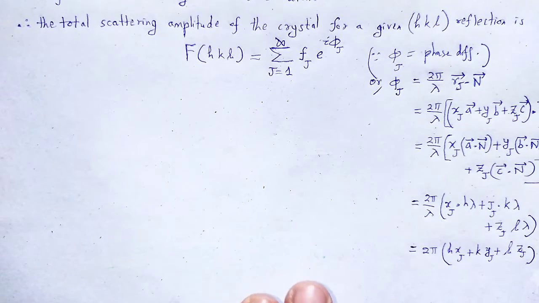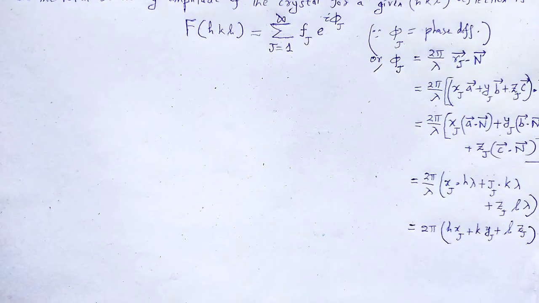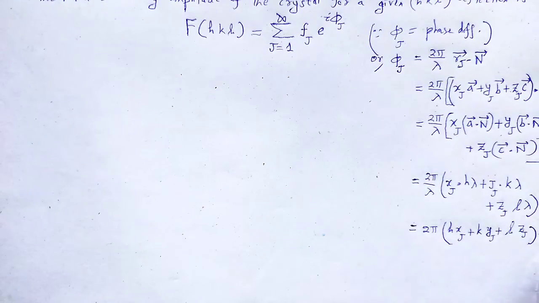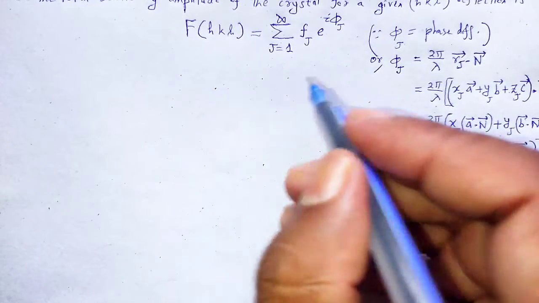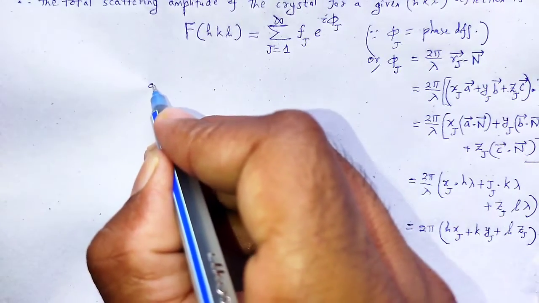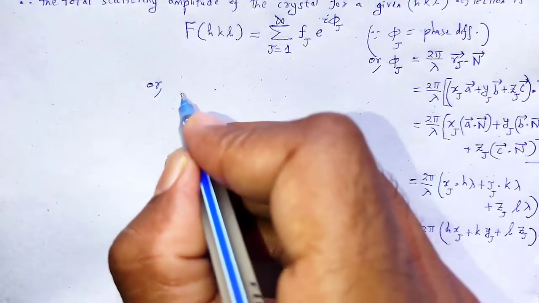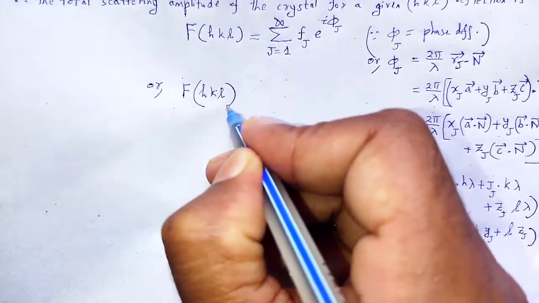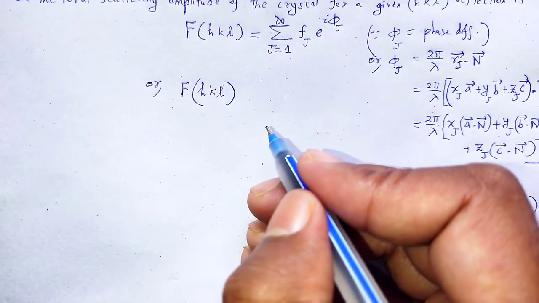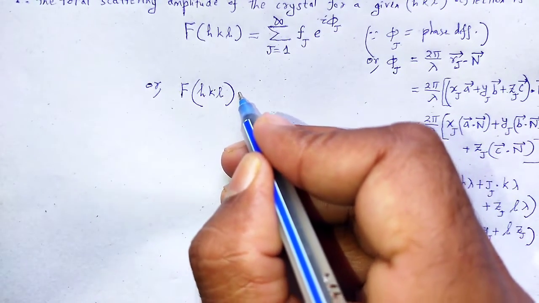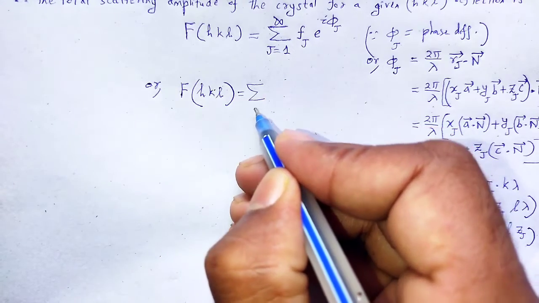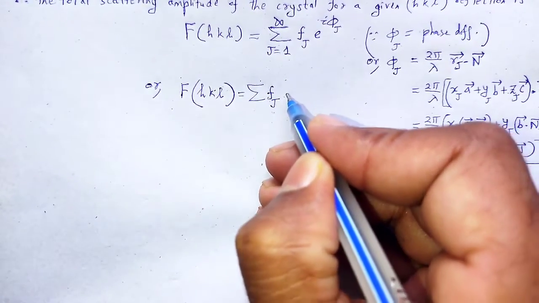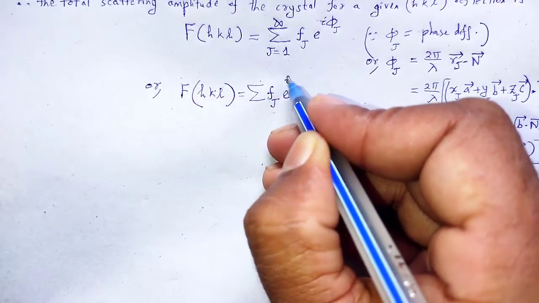The phase difference is evaluated. Therefore, f of HKL is equal to summation over f of j e to the power i phi j.